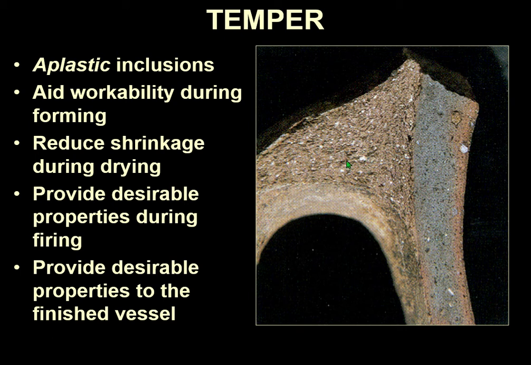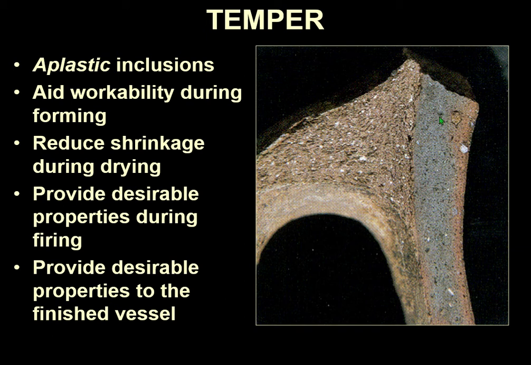So in this case, you can see it has these little white inclusions here. And this is actually the same pot. This is a cut through the vessel, where you can see this handle has been added to this vessel, and this has more of these little white inclusions than the main body, and that's because of the shrinkage.